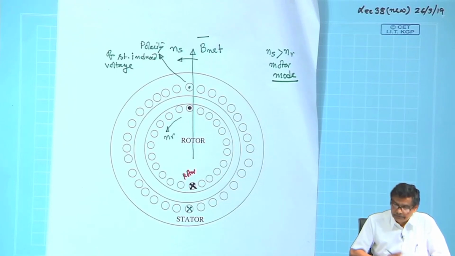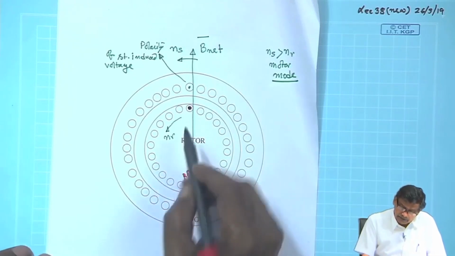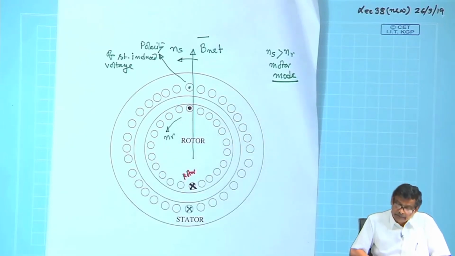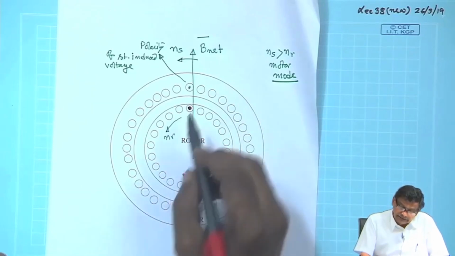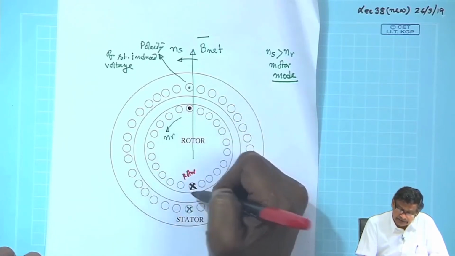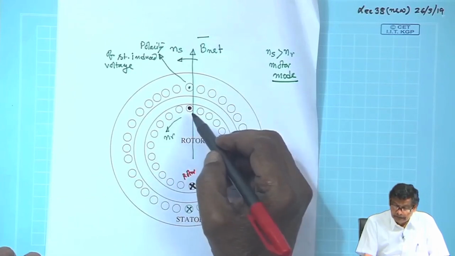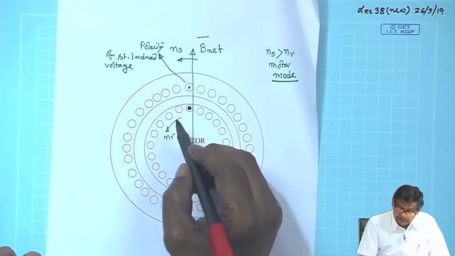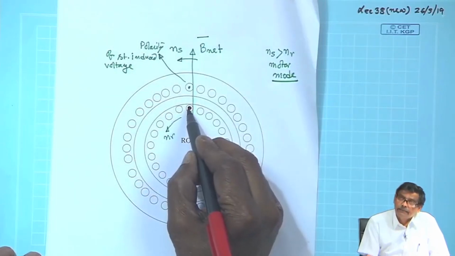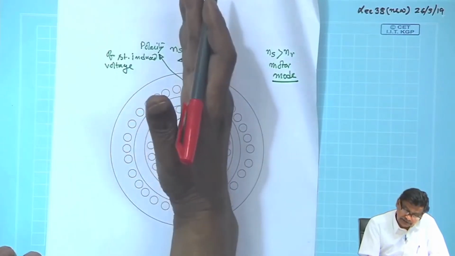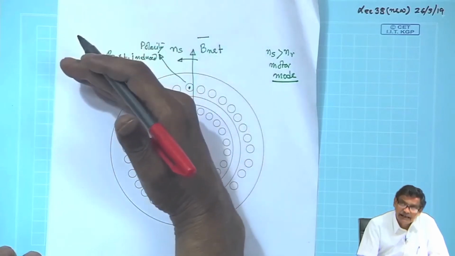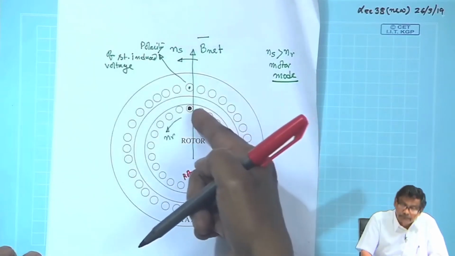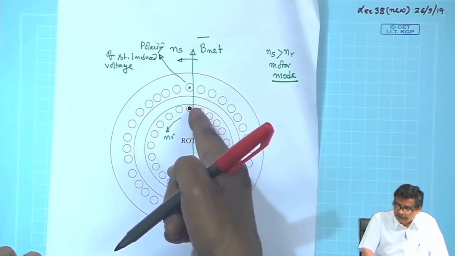Therefore, how do we draw the direction of the rotor field? I know this much: at this instant this is the maximum induced voltage, and the field is moving like this. Therefore, this conductor will have maximum current when this field has moved a little bit here, depending upon the power factor angle.